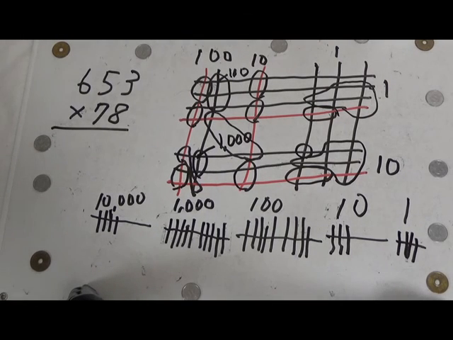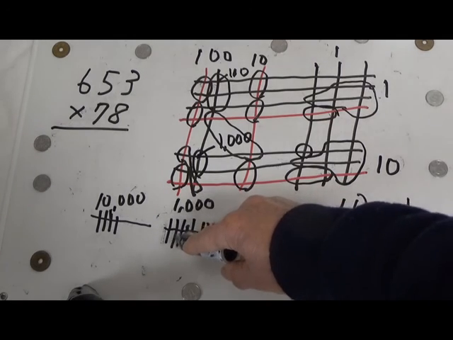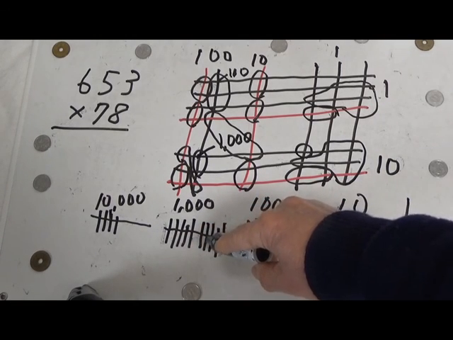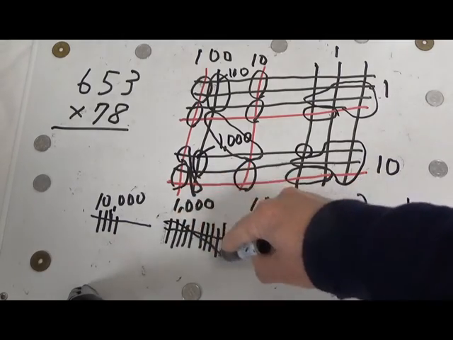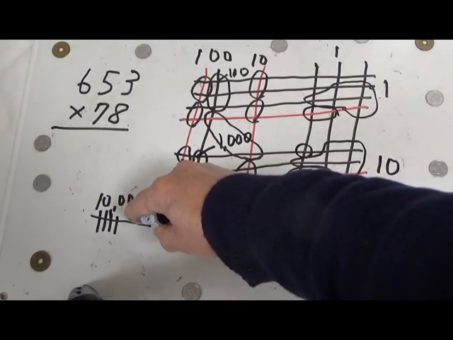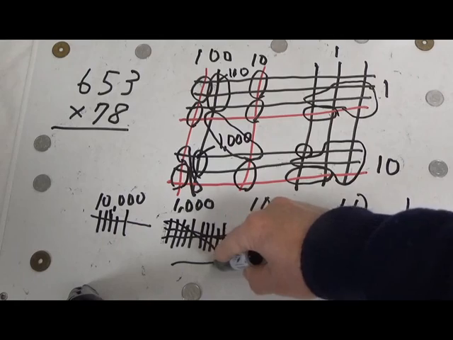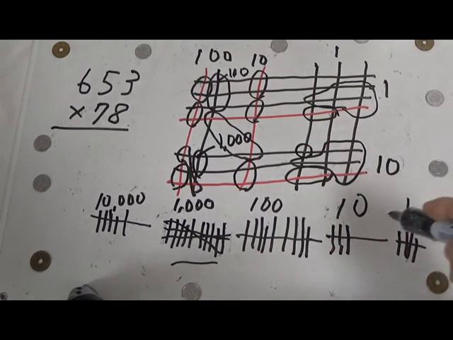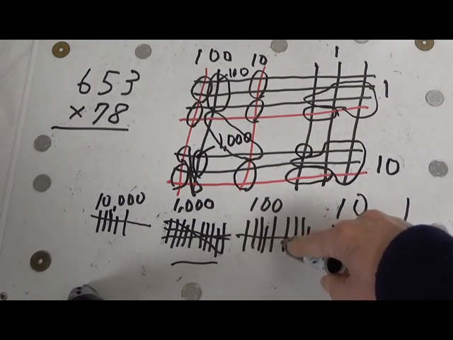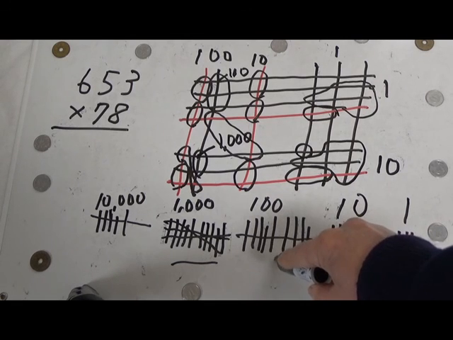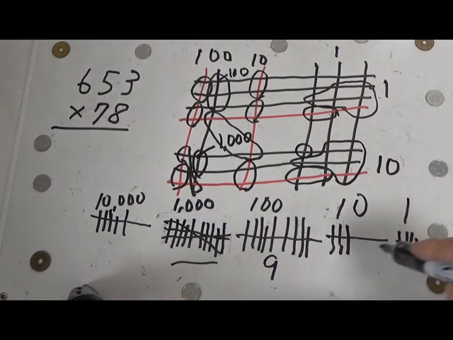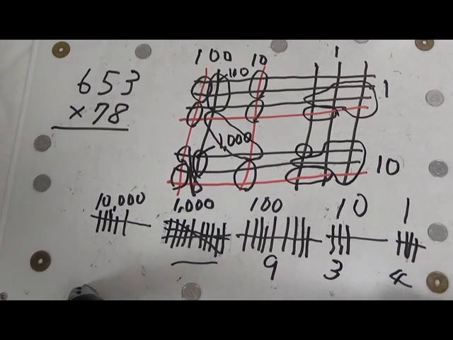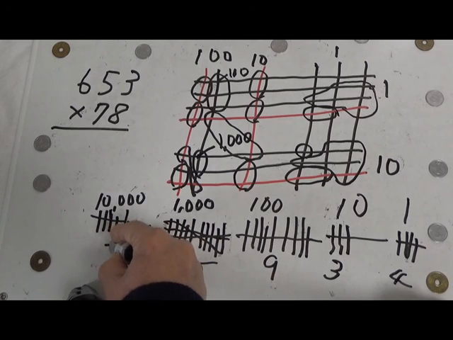So let's calculate. 1, 2, 3, 4, 5, 1, 2, 3, 4, 5. These are 10. These are 1, 2, 3, 5, 6, 7, 8, 9. 3, 4. And this is 0, 5.